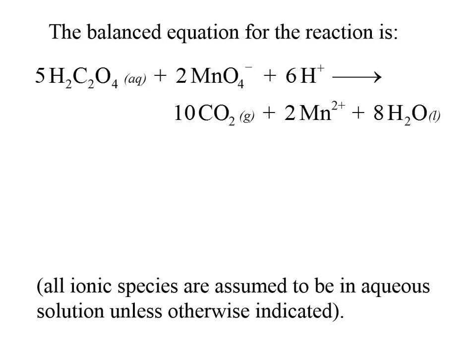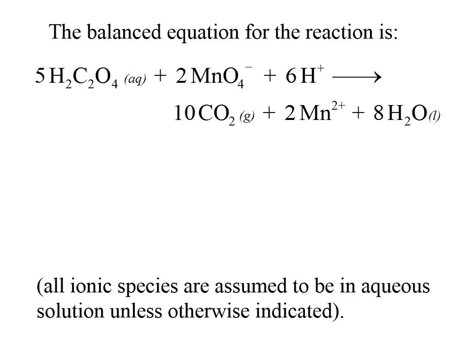I wish I was doing it on a piece of paper instead of the PowerPoint, but just let me go ahead and jot this down so that we can write a few things underneath it. We need 5 moles of your oxalic acid, H2C2O4, that's a solid. And it is going to react with 2 moles of MnO4 that you're dripping in.